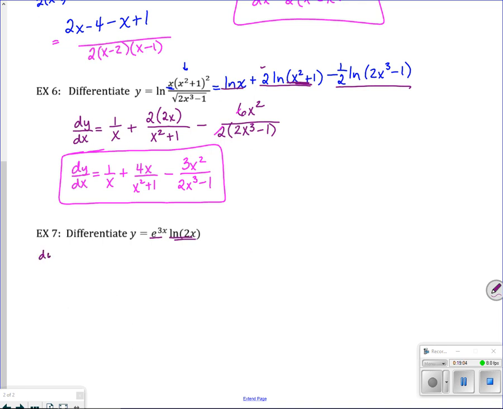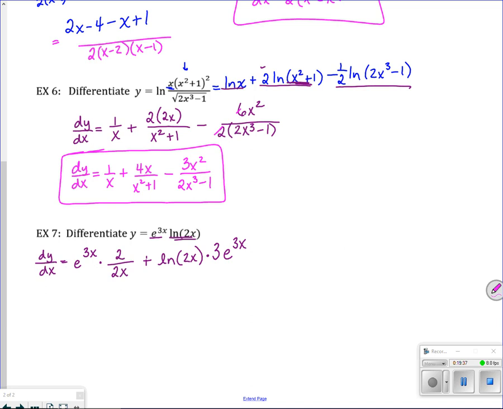So dy dx is going to be the first times the derivative of the second, u prime over u, so 2x there, a 2 on the top, plus the second, ln of 2x, times the derivative of the first. That's what we did yesterday, so it's copy times the derivative of the exponent, so that would be 3.